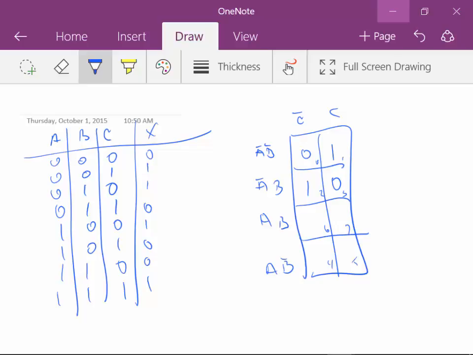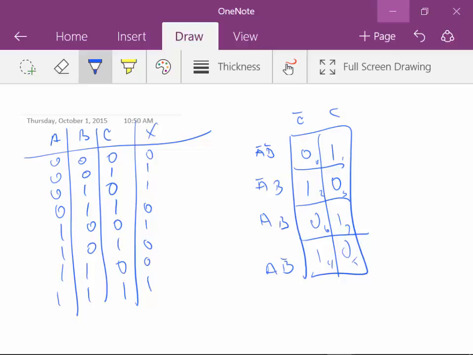So 6 is going to be 0, 7 is a 1, 4 is a 1, and 5 is a 0. And I have managed to do the absolute worst Karnaugh map. The reason is there's absolutely no pairs whatsoever. How I managed to do that, I don't know. Does everyone see that there's absolutely no pairs in either the 1s or the 0s?